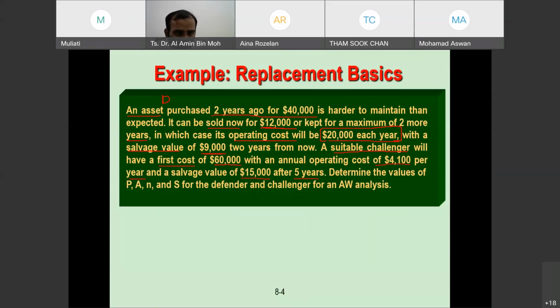So they ask you to determine the values of P, A, N, and S for the Defender and the Challenger. While discussing, we already identified all of them, right?